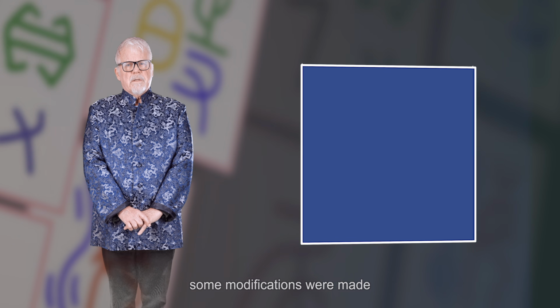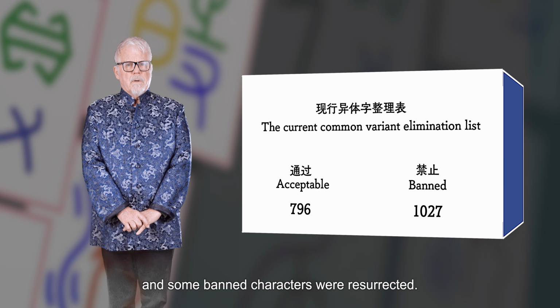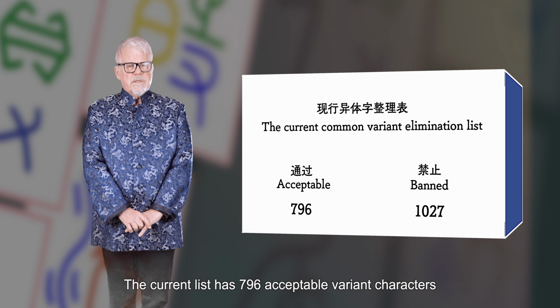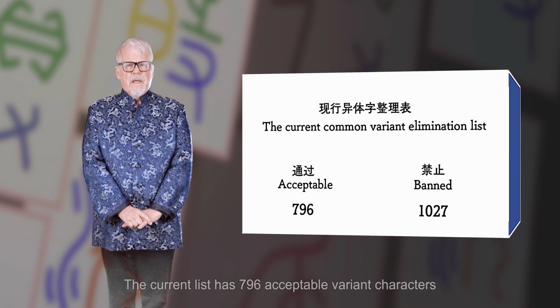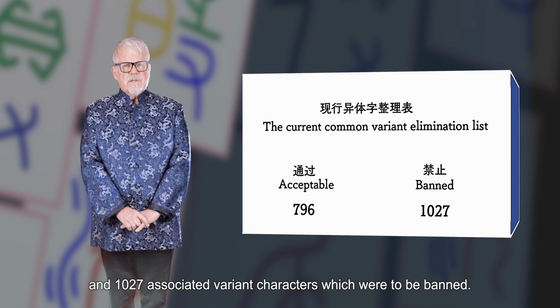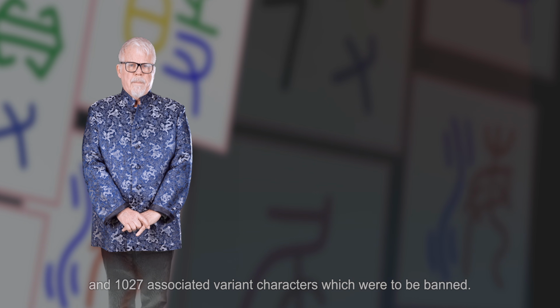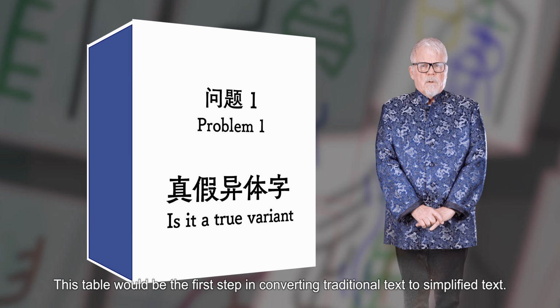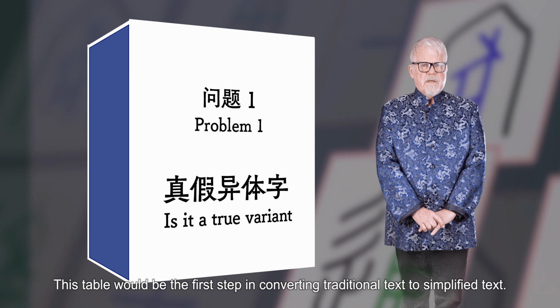Over the years, some modifications were made, and some banned characters were resurrected. The current list has 796 acceptable variant characters and 1,027 associated variant characters which were to be banned. This table would be the first step in converting traditional text to simplified text.